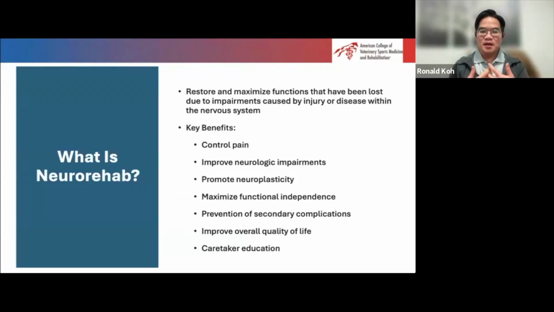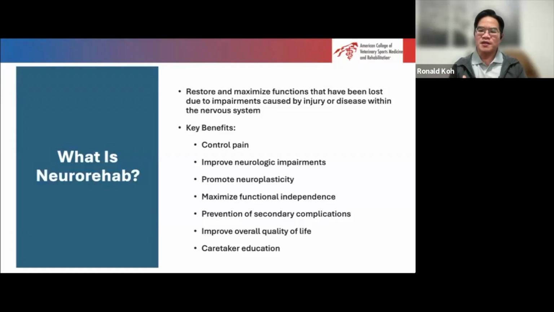Now let's talk about neuro rehab. Neuro rehab is really the process of restoring and maximizing function after the nervous system has been injured or compromised. When we think of neuro rehab, I want you to think beyond just exercises, because rehab involves other areas, not just exercises.